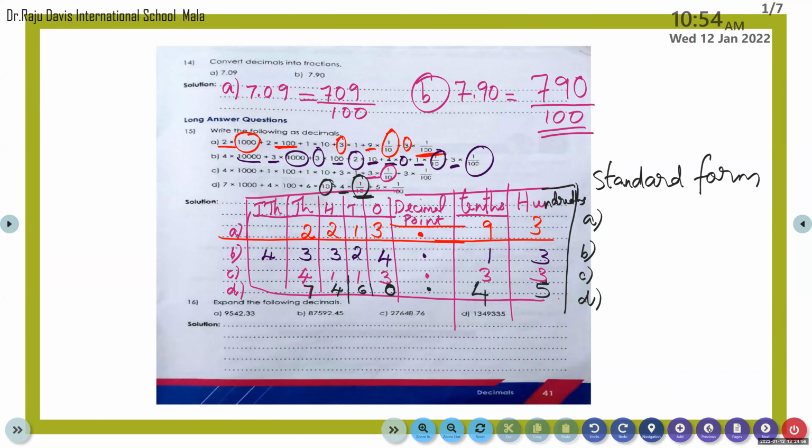How to read this number? Standard form. 2213.93. Okay. Then like that, write all the numbers which we have written in the place value chart.